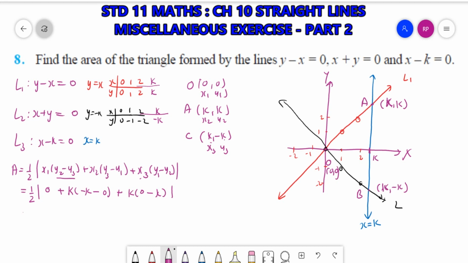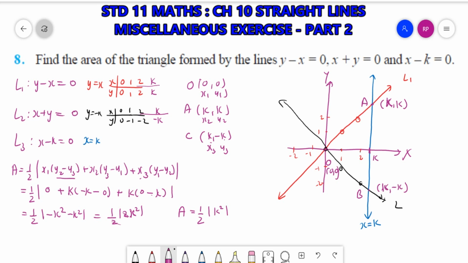So half modulus of k into minus k, that will be minus k square. Half into 2k square, so the 2 can get cancelled.